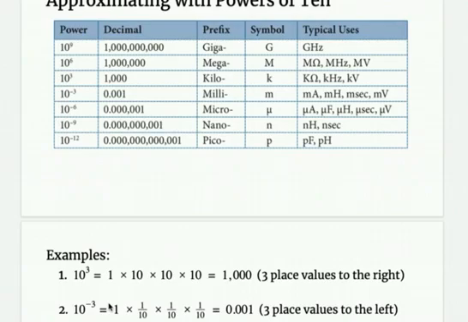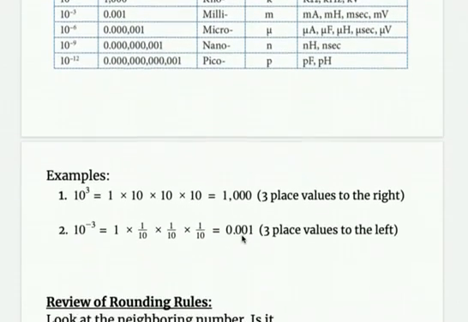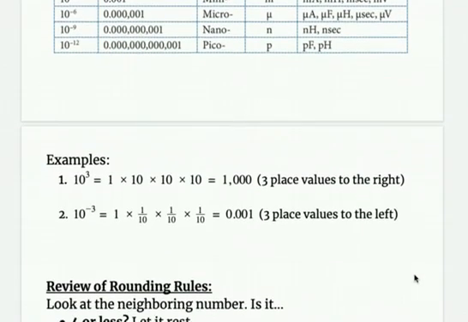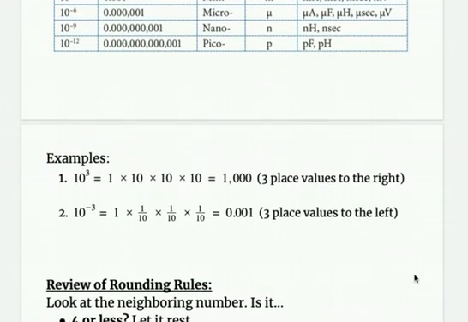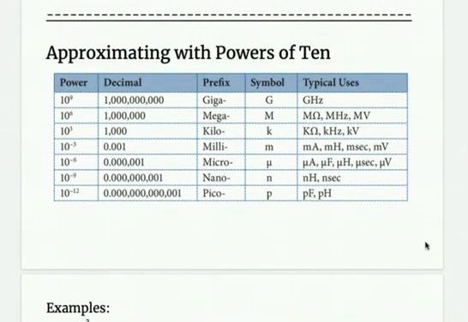And like we said before, 10 to the negative 3rd power, a tiny amount. Instead of writing 0.001, we can write 10 to the negative 3rd power, and that would communicate the same thing. In your exercises, you will be asked to approximate using those powers of 10.